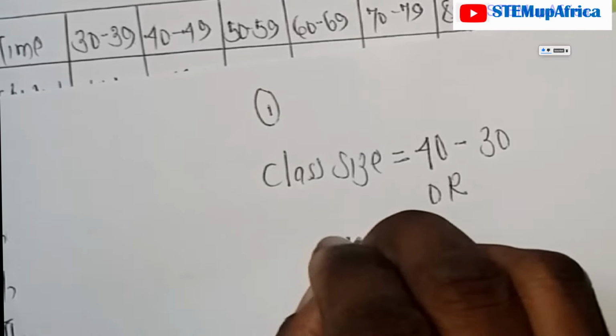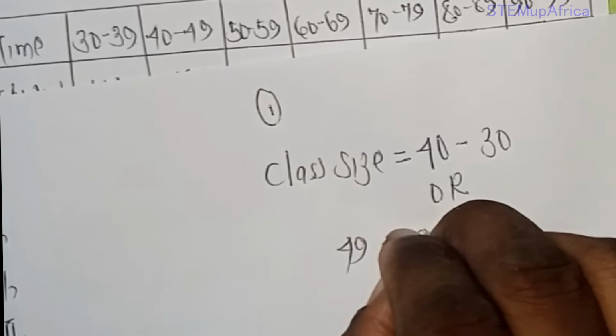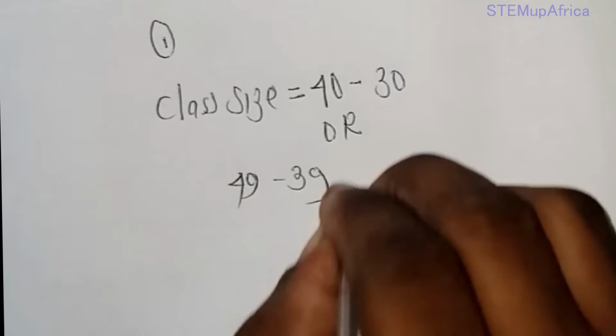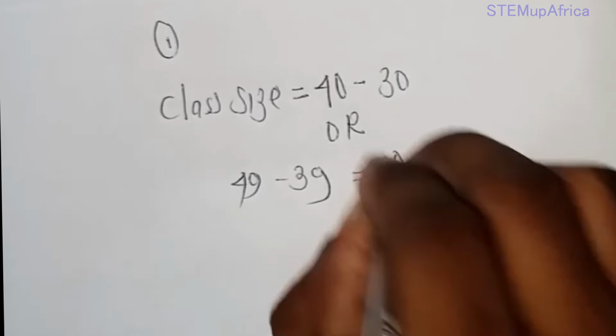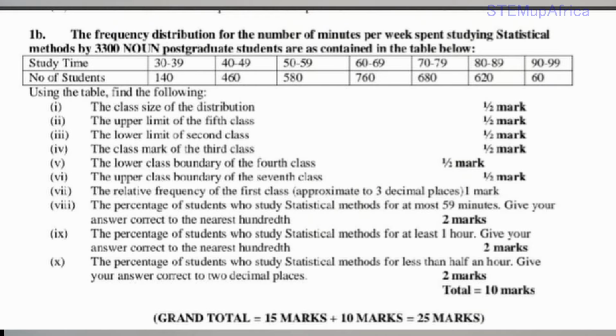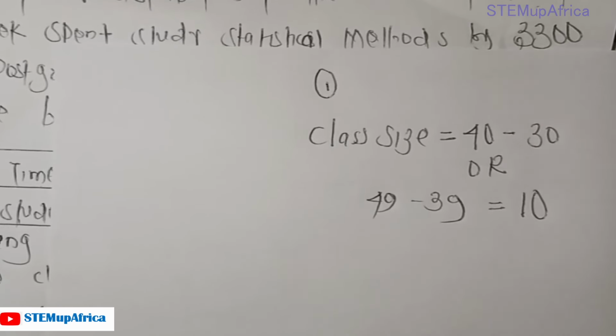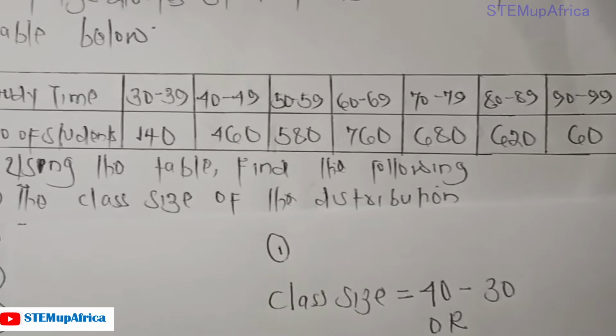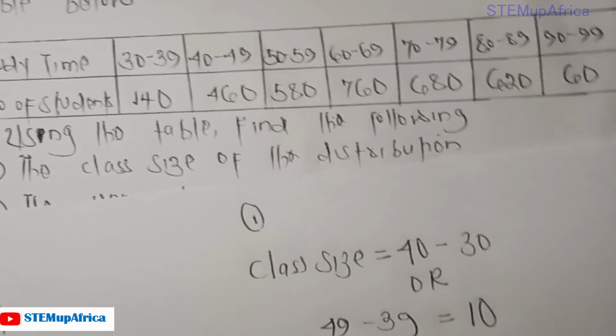The result is simply 10. So this is how you calculate your class size or class interval. Our class size is simply 10.